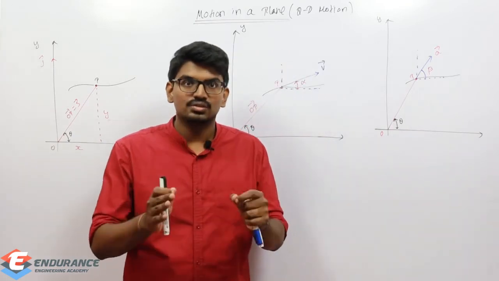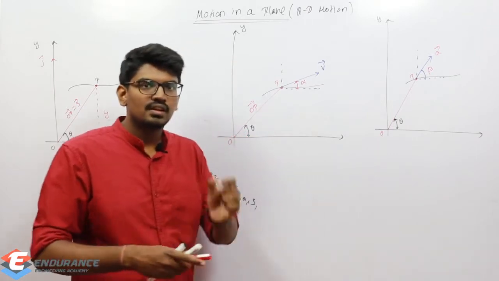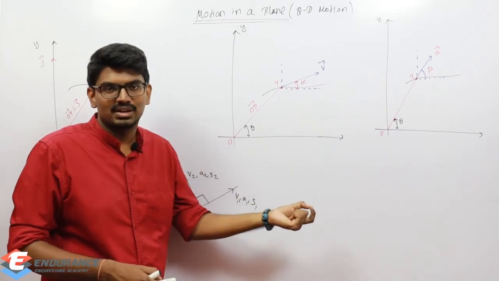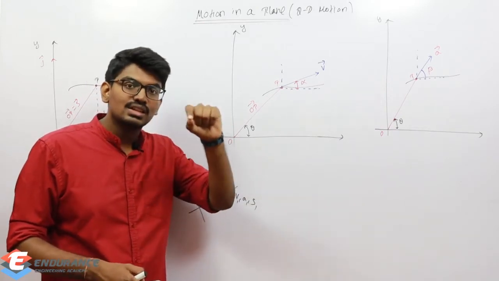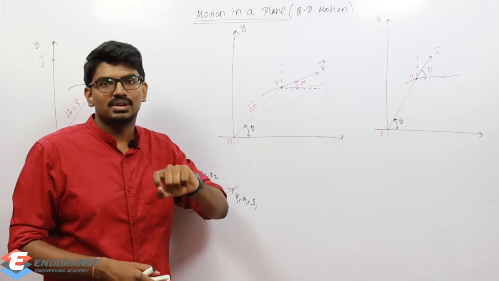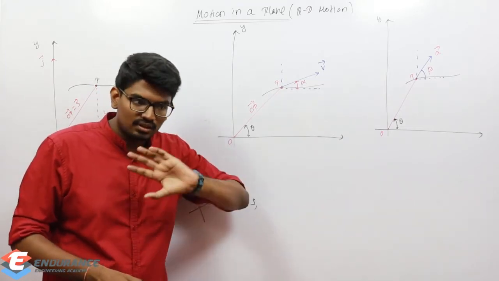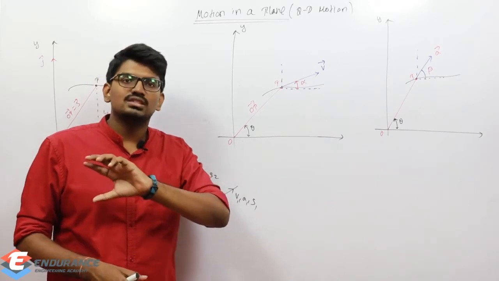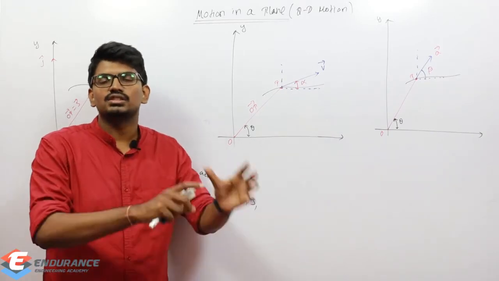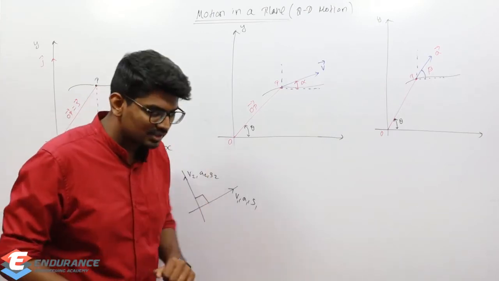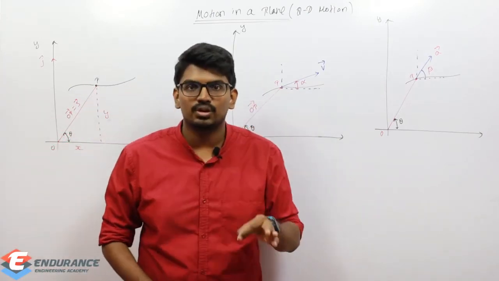So we can find velocity, acceleration, displacement in one direction separately, and in the other direction separately. That is, we can find the x component value separately and the y component value separately, and finally mix them to get the resultant. This is something which Newton said, and it is a very important conclusion.